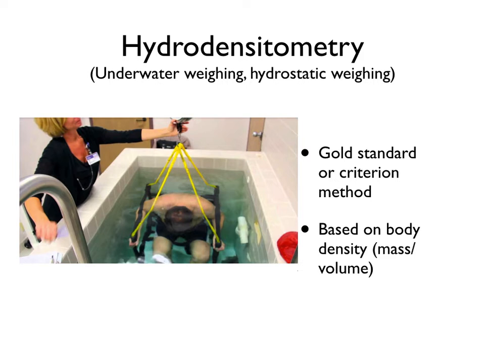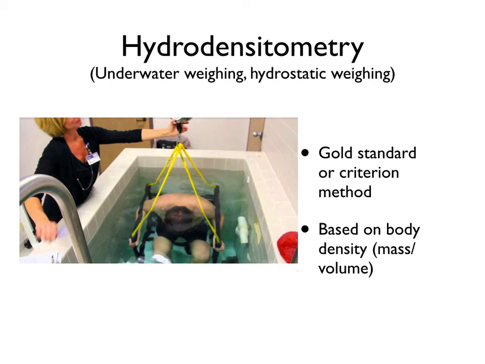It was one of the first tests that came out. It's considered very accurate to determine your body fat, but doesn't tell us where that fat is, and so it doesn't always identify that increased risk population with that android fat distribution. It just tells us somebody has increased fat on their body.